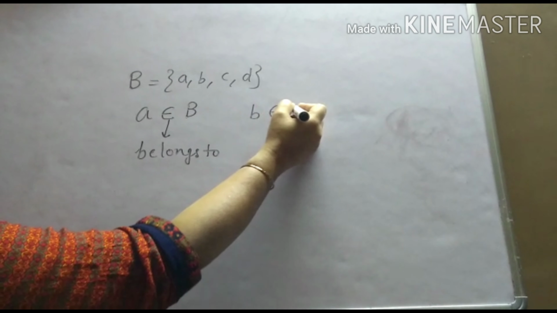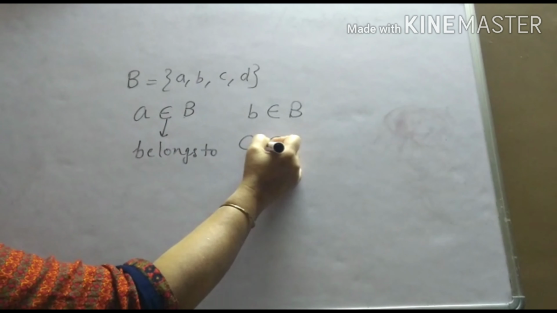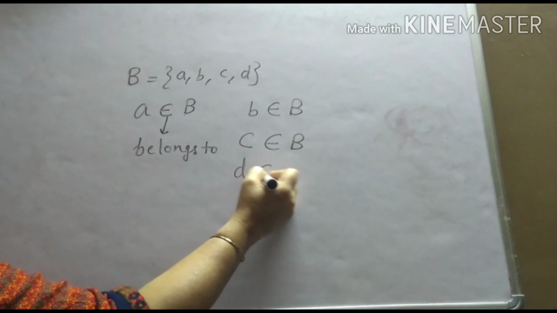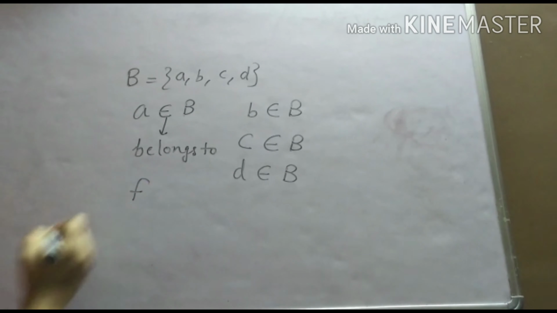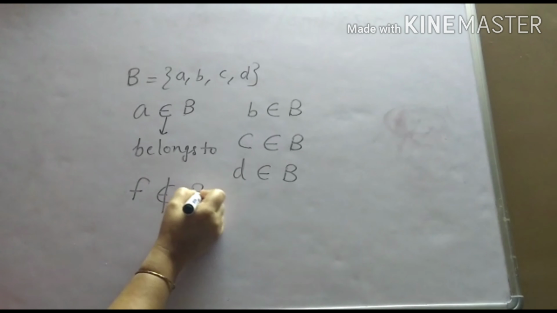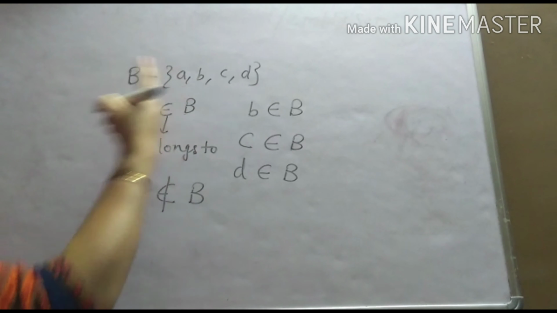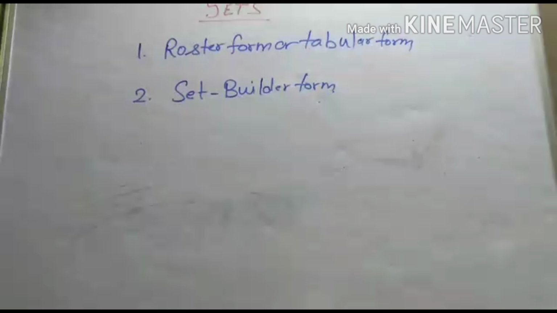Also, b belongs to set B. c also belongs to set B. d belongs to set B. But f does not belong to set B because f is not an element of set B.